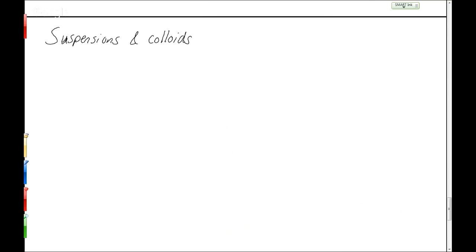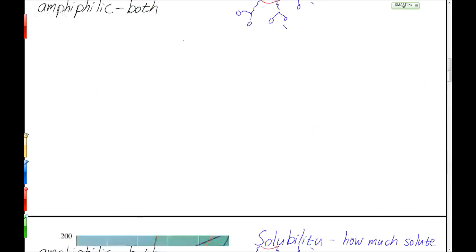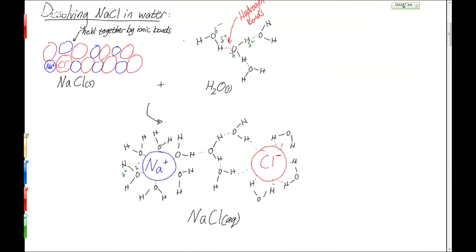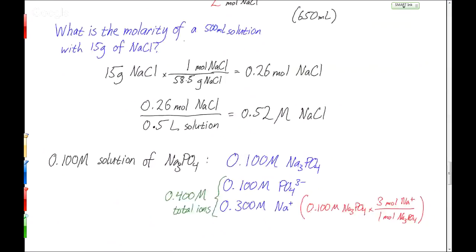So recall from last time that a solution, well, here we can put it back up there. In a solution, like sodium chloride solution, you have the solute broken down to the molecular or atomic level, where it's split up and surrounded by these water molecules. In suspensions and colloids, that's not the case. Suspensions and colloids have larger particles.